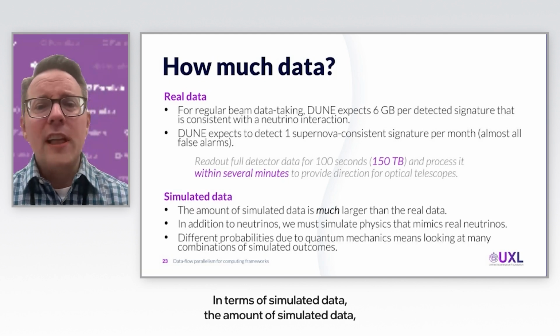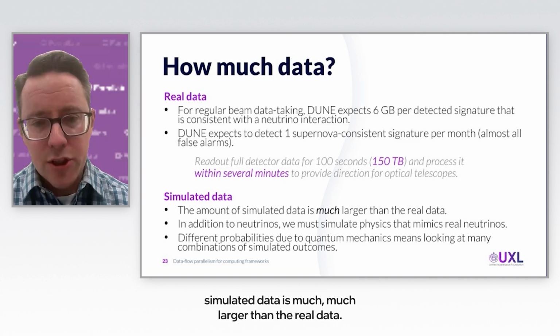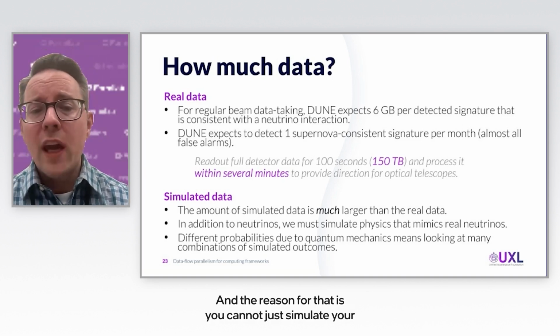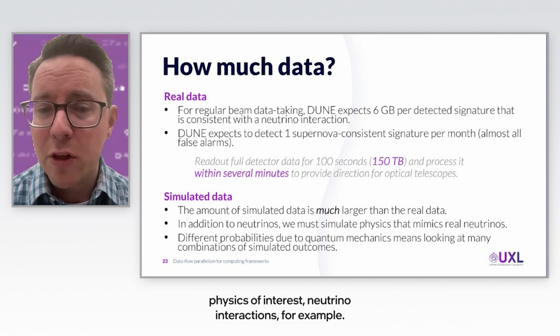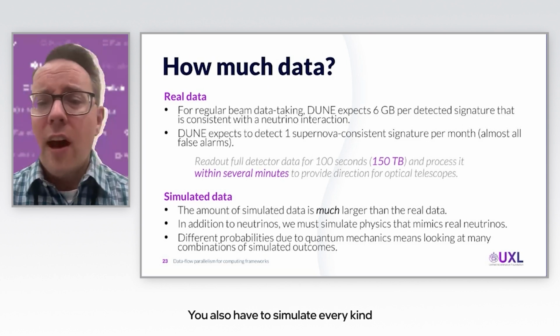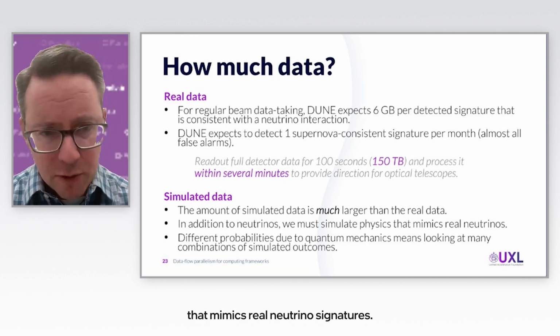In terms of simulated data, the amount of simulated data is much, much larger than the real data. And the reason for that is you cannot just simulate your physics of interest, neutrino interactions, for example. You also have to simulate every kind of physics you can think of that mimics real neutrino signatures.